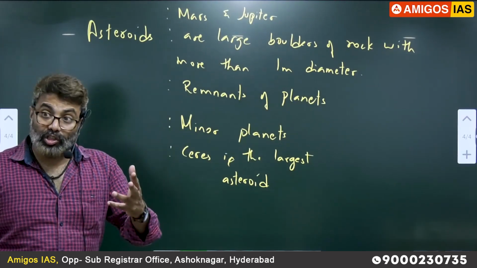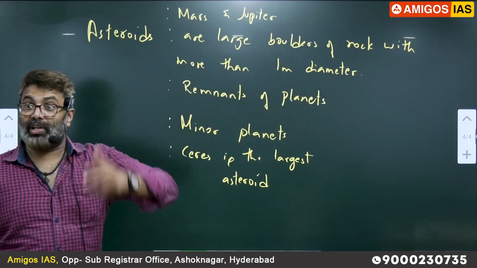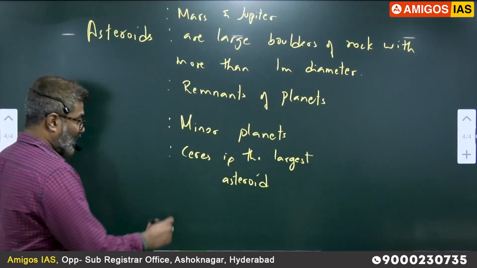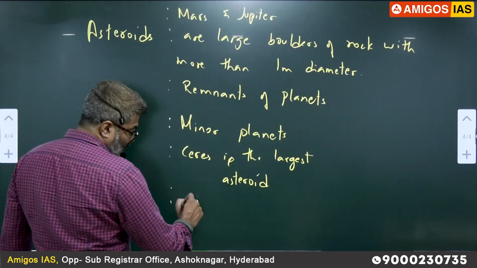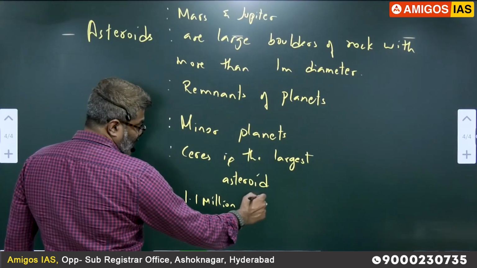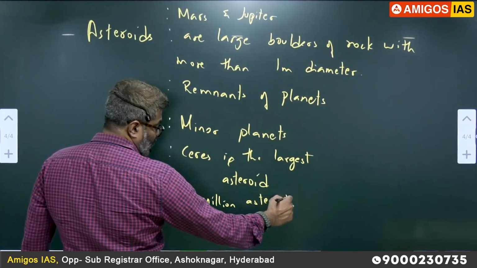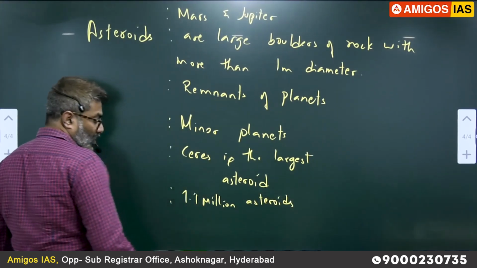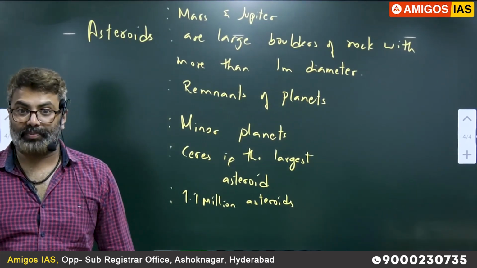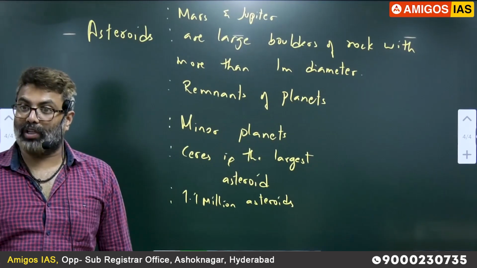How many asteroids are there? Nearly 1 million, which means 10 lakh. Approximately. As per NASA, 1.1 million asteroids, which is 11 lakh asteroids in our solar system.